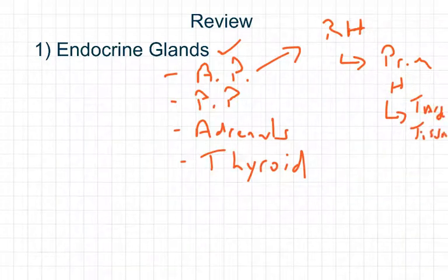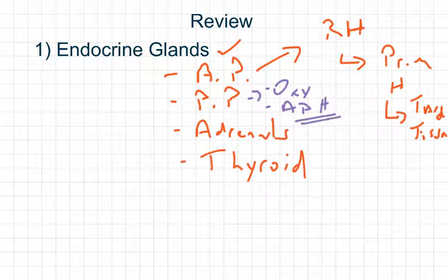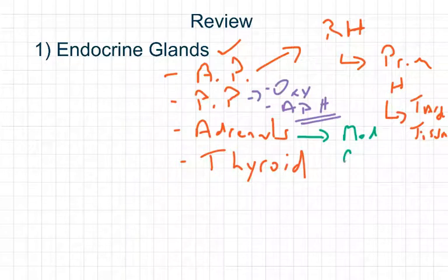And when we talked about the posterior pituitary gland, we said it released oxytocin and antidiuretic hormone. And ADH is one of those hormones that we'll be discussing in this lecture. Furthermore, we broke down the adrenals into the adrenal medulla and the adrenal cortex.